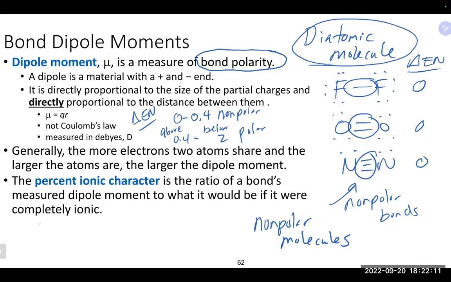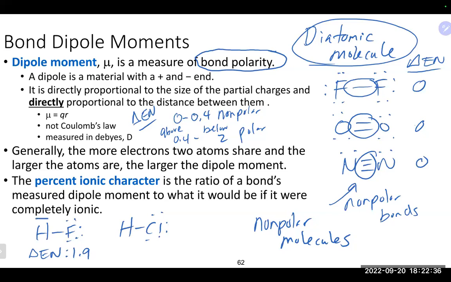But if we do something like we've seen before, like HF, HCl, and so forth, these are now going to be polar bonds. The difference in electronegativity here is something like 1.9, which means that this bond is polar. If we drew our dipole arrow, it should be pointing towards which element?